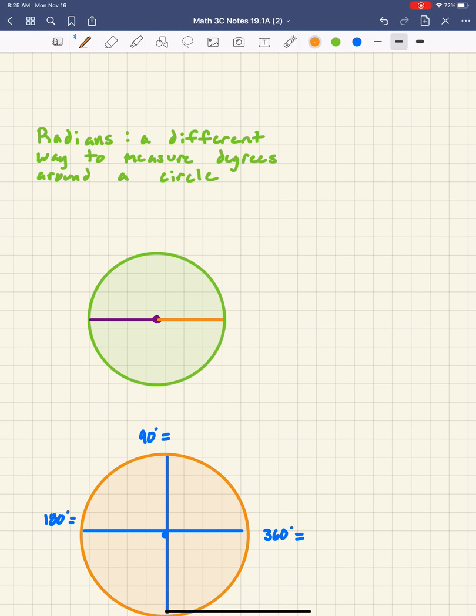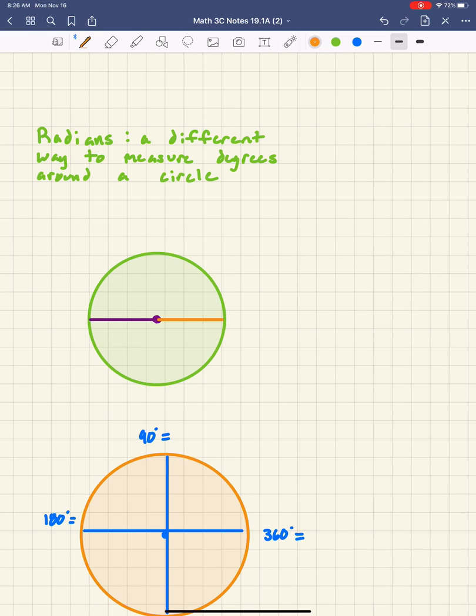So let's talk about what a radian is. We've got our circle, and the radius is this orange piece here, which we should be familiar with. Now imagine we take this radius and pick it up like a piece of string, and we measured how long it was.